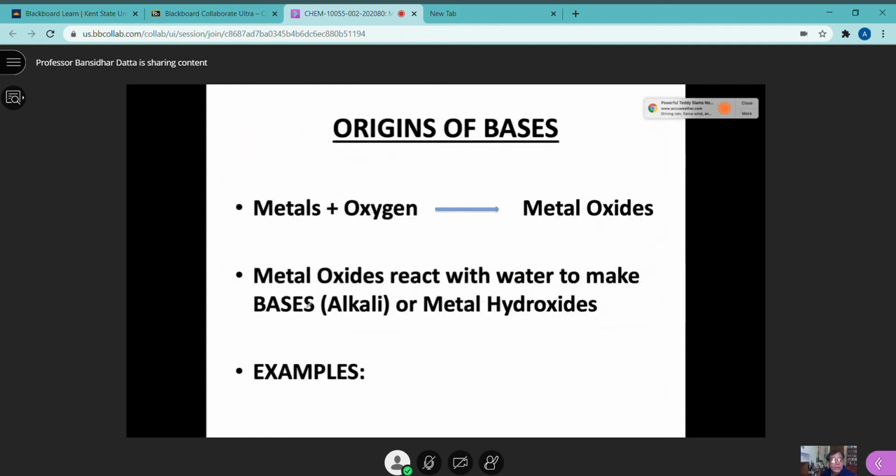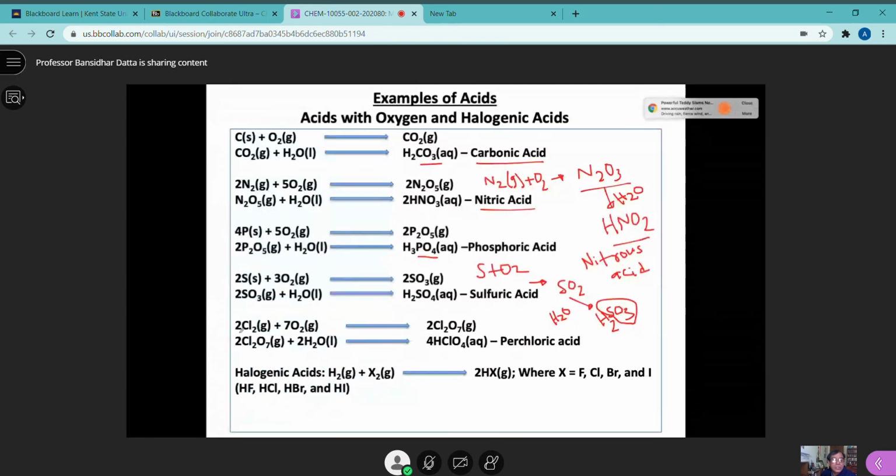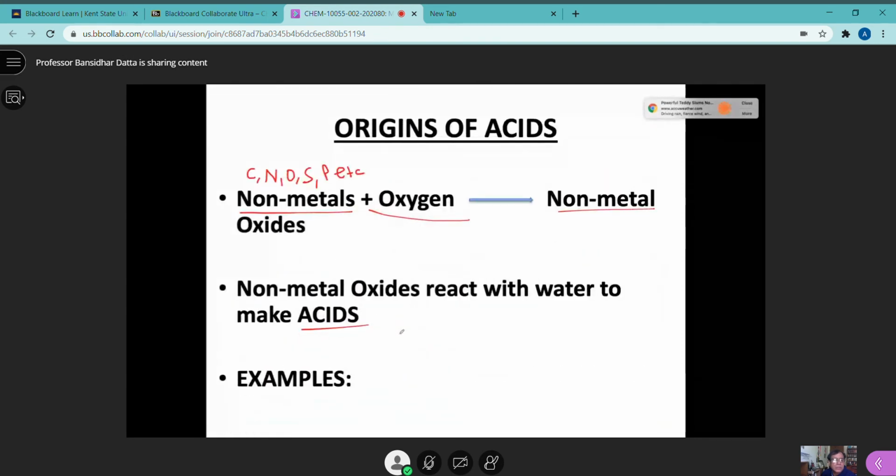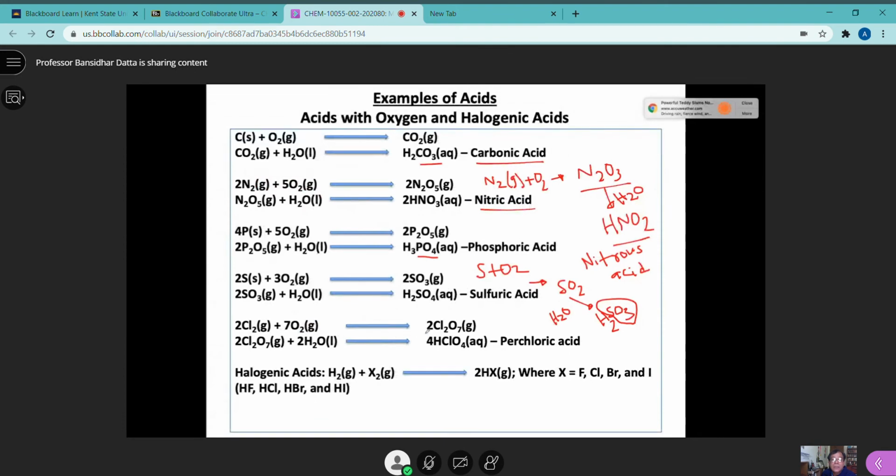For example, chlorine. Chlorine can react with oxygen and make dichlorine heptoxide, Cl2O7. All 7 electrons are used to make the oxide. Cl2O7 plus water makes HClO4, perchloric acid, a very strong acid. Sulfuric acid is a very strong acid. Nitric acid is a very strong acid.